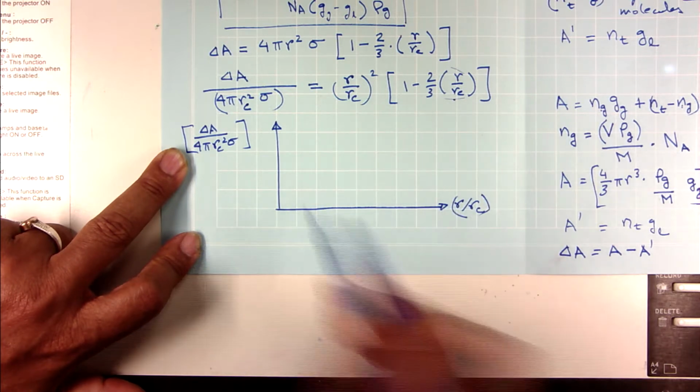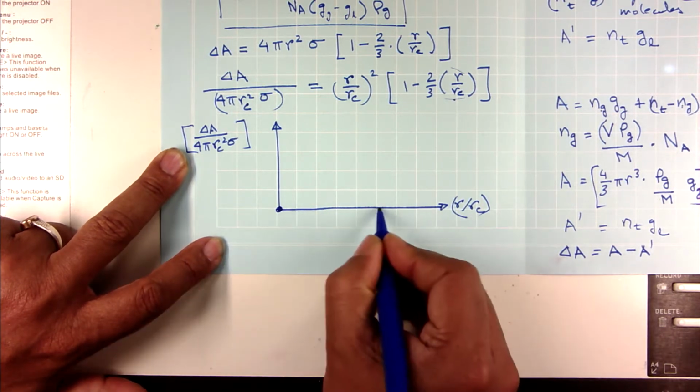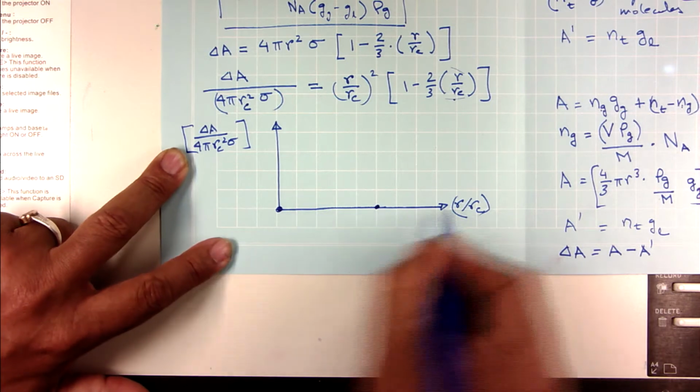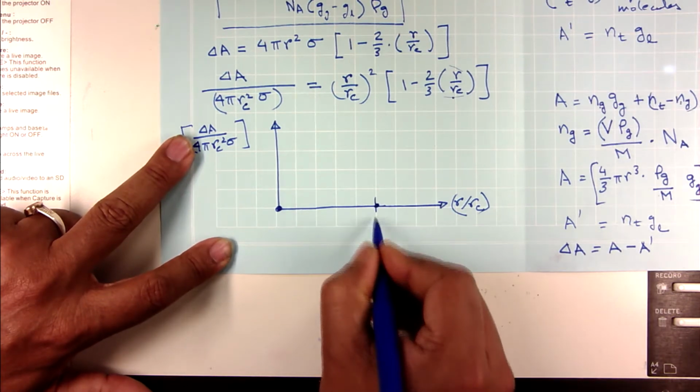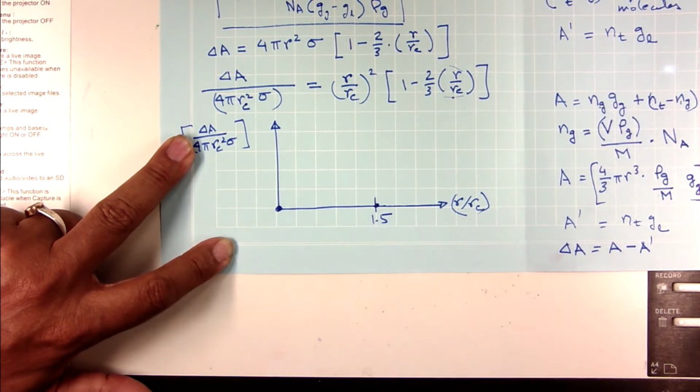Okay. So, I know I start at 0 and at r by r c equal to 1.5 I go to 0.